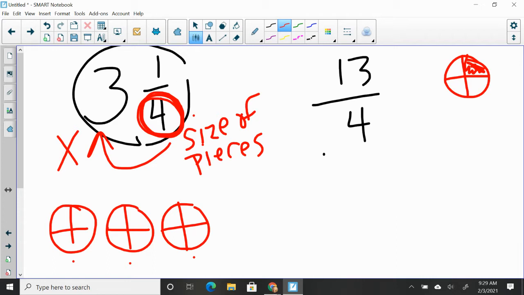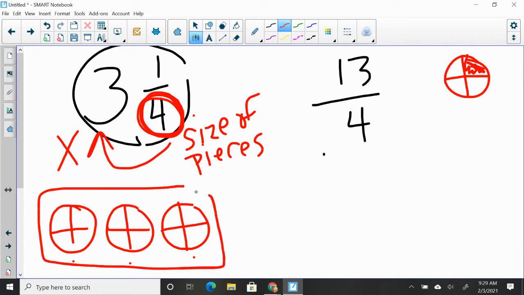Okay. So this right here represents this 4 times 3. This 4 times 3 right here. So that's giving us the 12. 4, 8, 12. Okay. Then you have 1/4 of another. So this extra piece right here, this 1/4 of another, is hanging out here.